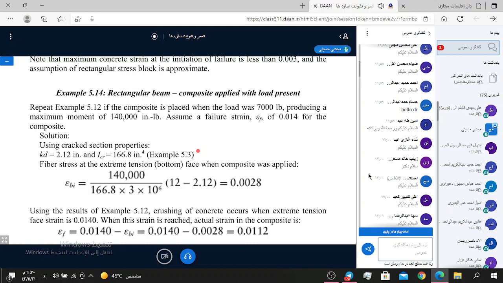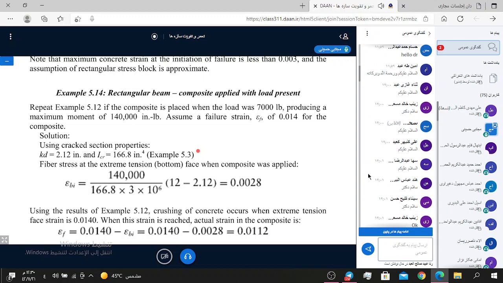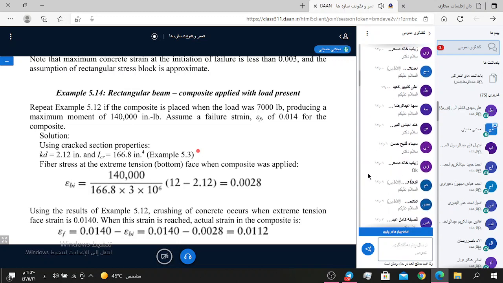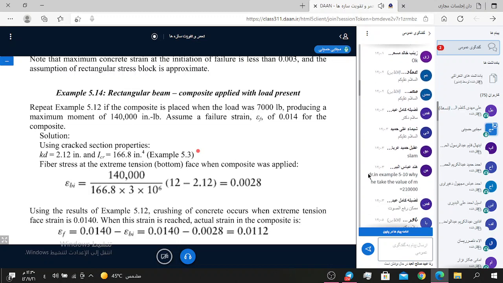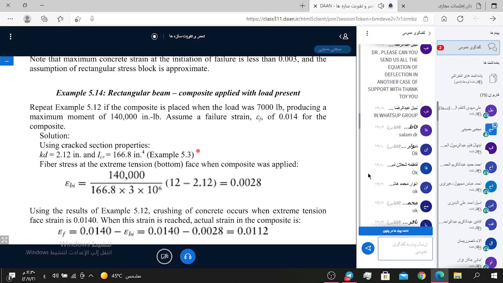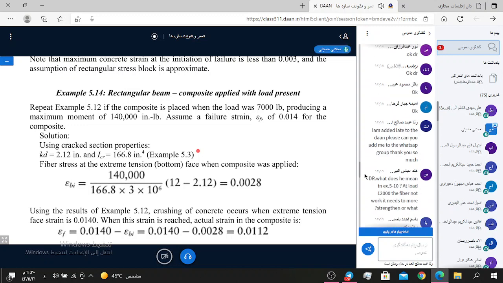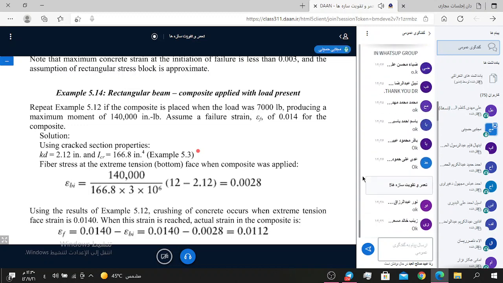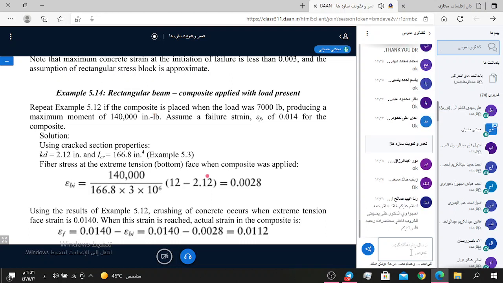This is the continuation of example 5.12, and the composite is placed when the load is about 7,000 and producing maximum moment about 1,430, and assume failure strain is about 0.015 for composite.